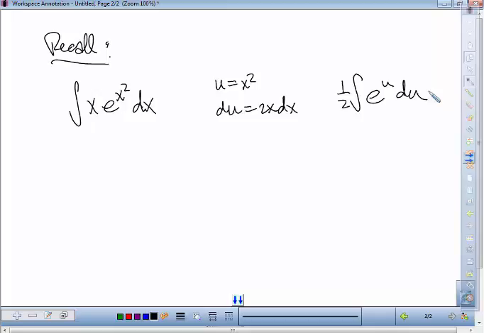So you can think about this as the x world, and what we do is we go into the u world so that we can actually perform the integration.